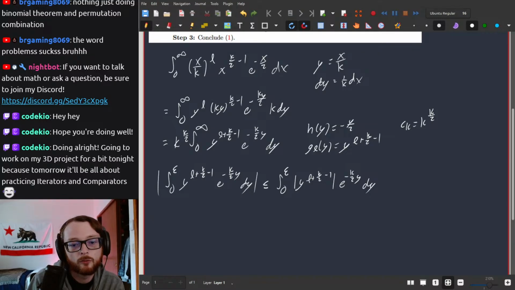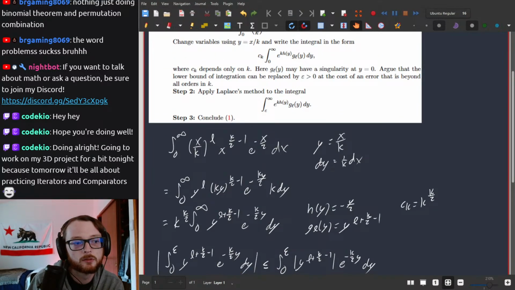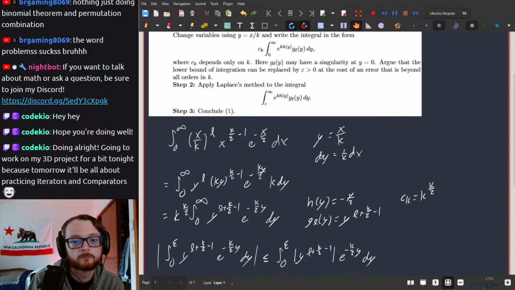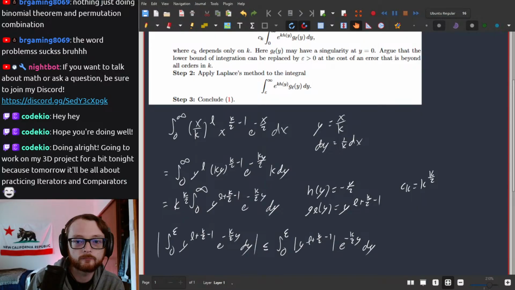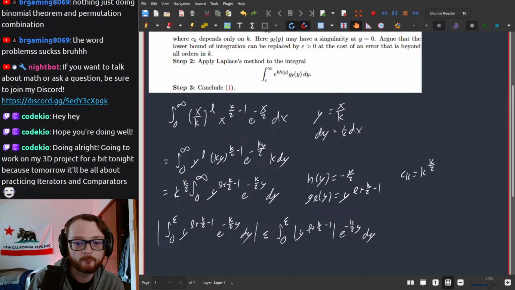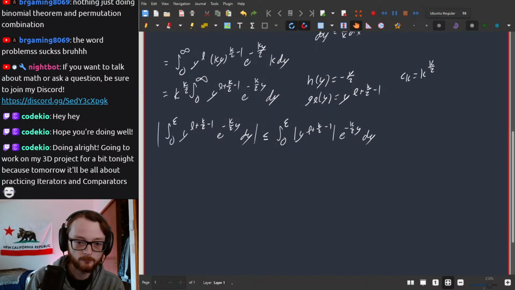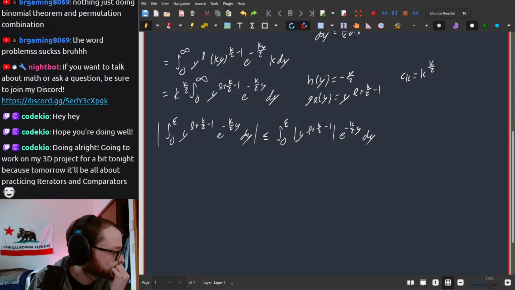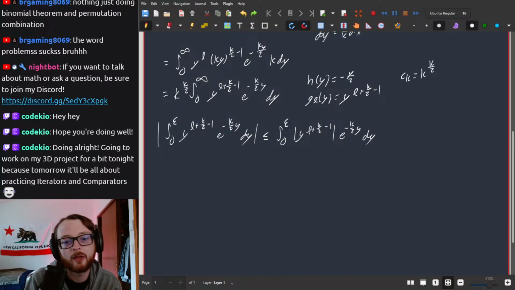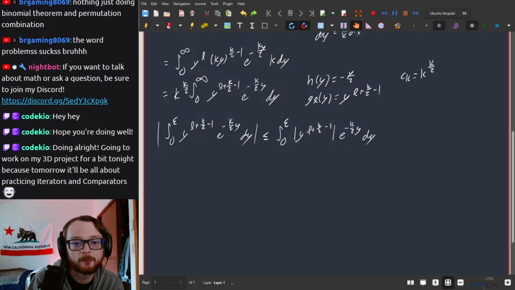Okay, and so we're concerned about the case where this exponent is negative.